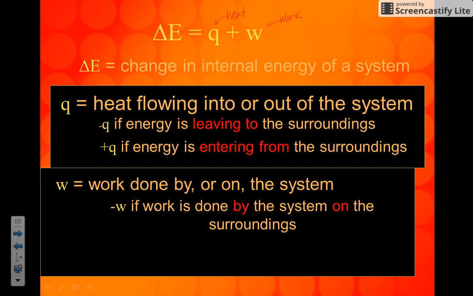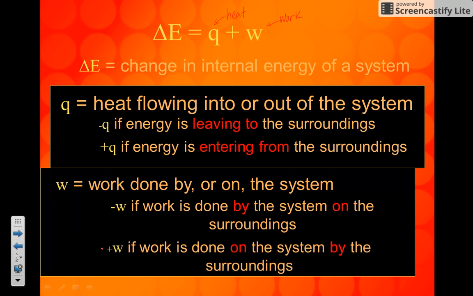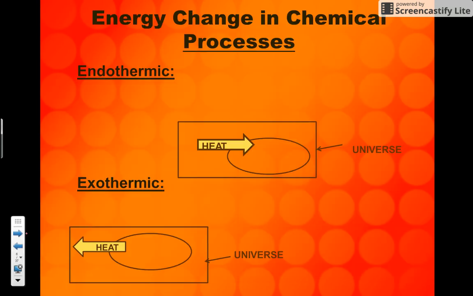Well, if the system does work on the surroundings, negative is the sign we give to the work. Work's going to be positive if the work is done on the system by the surroundings. So if the surroundings do work on the system, then we give the work a positive sign. It's all based on a reference point.